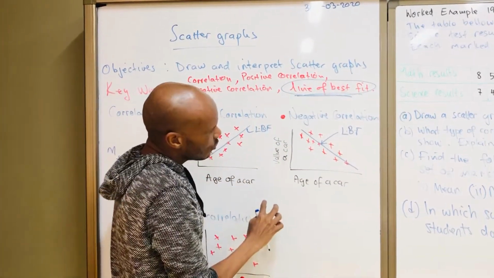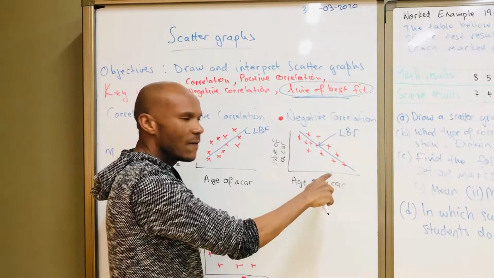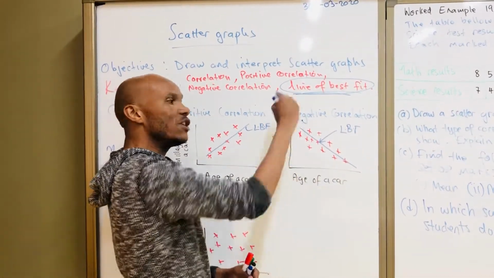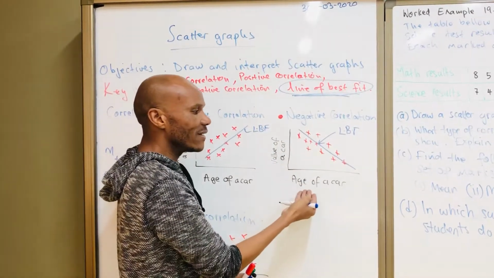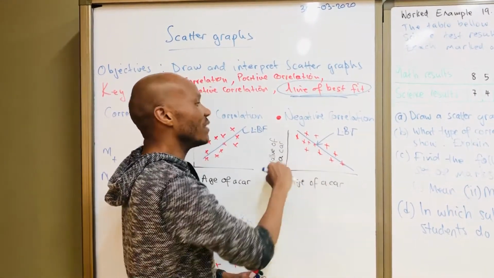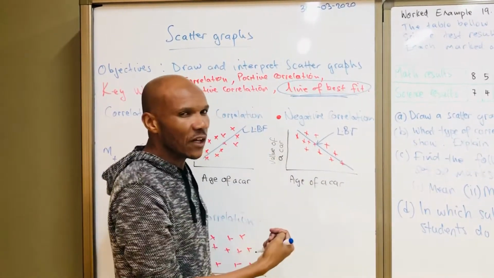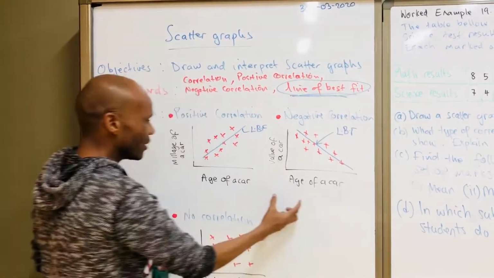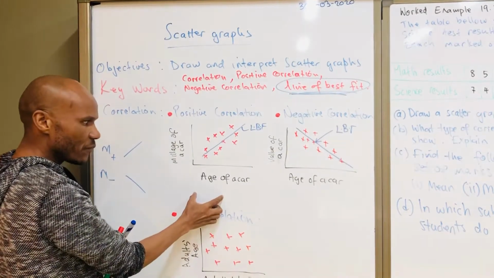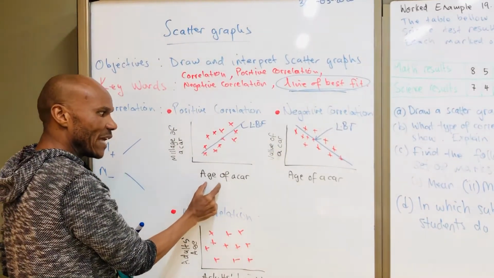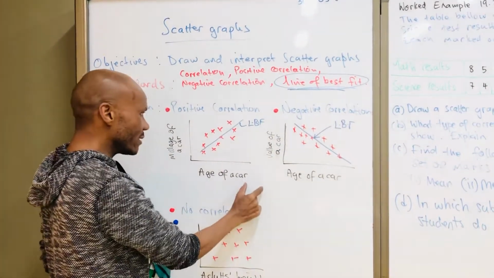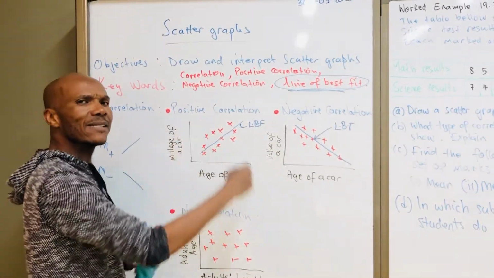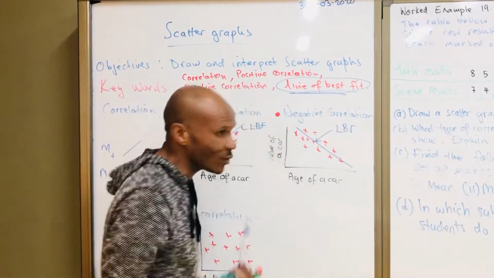So what does this tell us about the relationship between the value of the car and the age of a car? So we can actually see from the first one, as the age of a car increases, the mileage of a car also increases, if you are driving that car and it's not stopping.